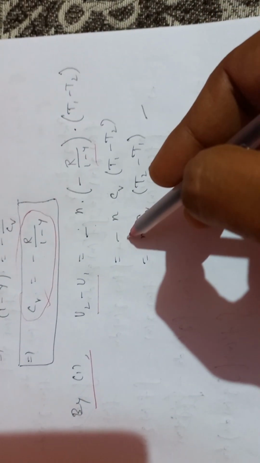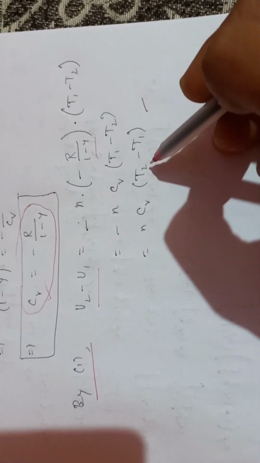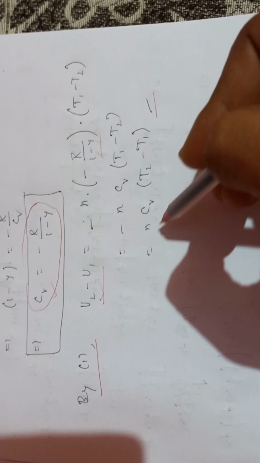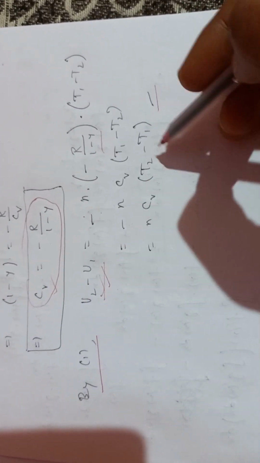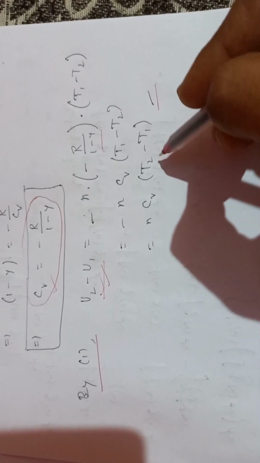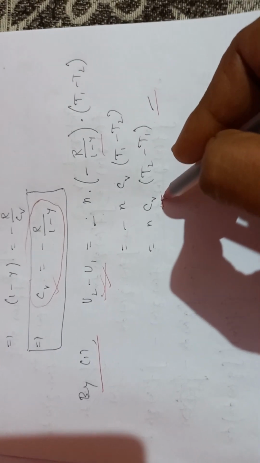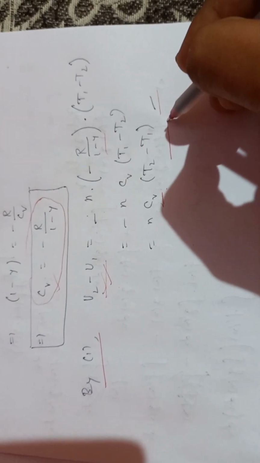If we take the negative sign inside the bracket, we will get n Cv (T2 minus T1). So the change of internal energy during adiabatic expansion is equal to n Cv (T2 minus T1). Here Cv is the specific heat at constant volume. So this is the change of internal energy.